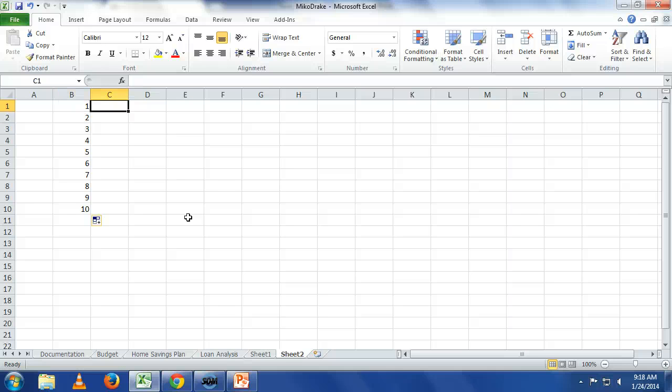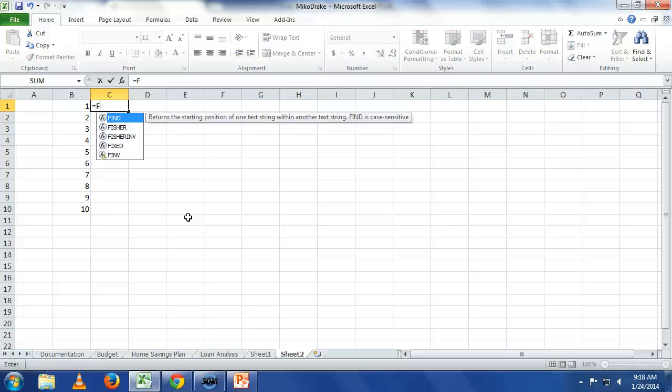Okay, so in C1 in my case, let's program our if statement. Let's make this simple. Let's say if the number to the left of it is greater than 5, I want to put big. If not, I want to write small. Okay, so that's what I want to put in this cell.